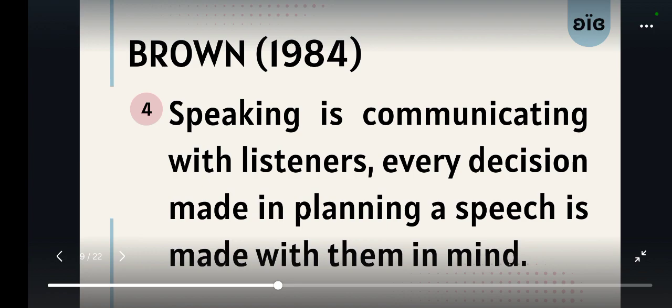Of course, when we are going to have this speaking activity with our students, we should know the appropriate content in order for them to relate, understand, or learn what we are delivering to them. So it's very important to put in mind the audience when it comes to speaking.